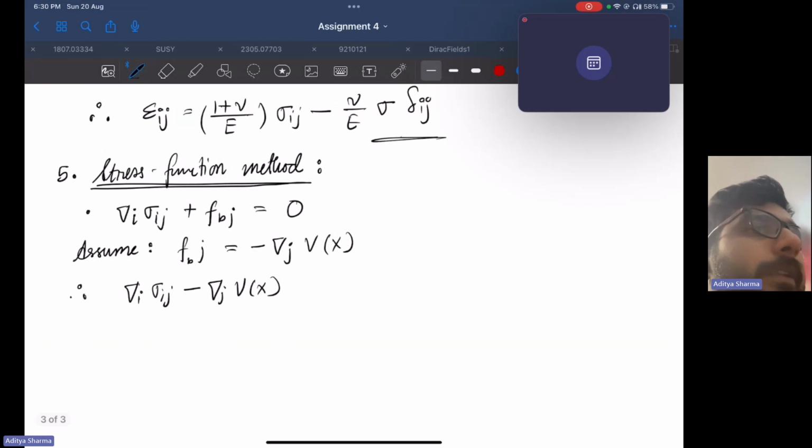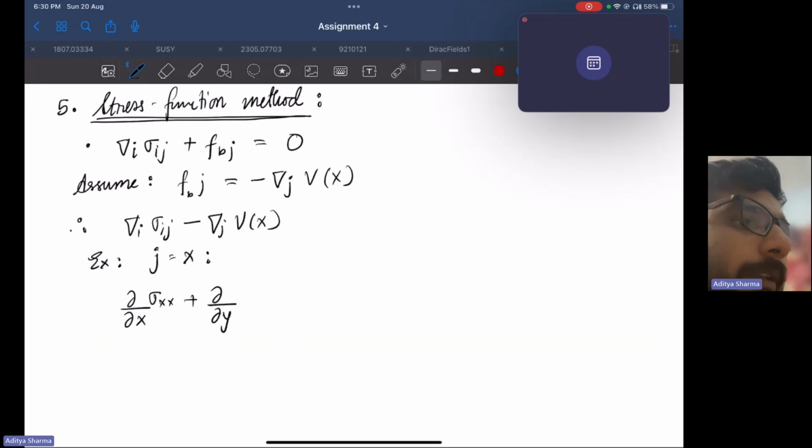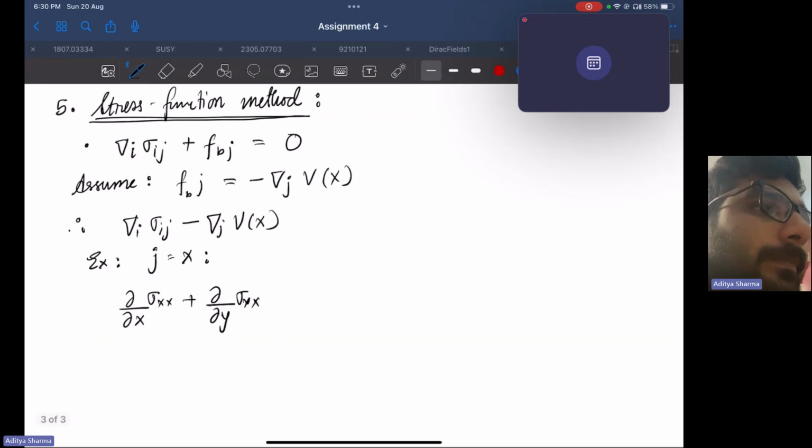Now you get different equations for different values of j. For example, say choose j to be x, then you will get del x sigma xx plus del y sigma yx minus del x V of x is equal to 0.